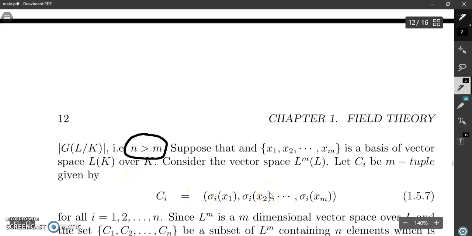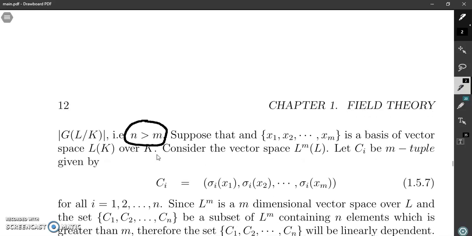So here we consider c1, c2, ..., cn, n elements of L^m. Now the dimension of L^m is m and n is greater than m. Remember that if the dimension of a vector space V over F is n, then any set containing more than n elements will be linearly dependent.